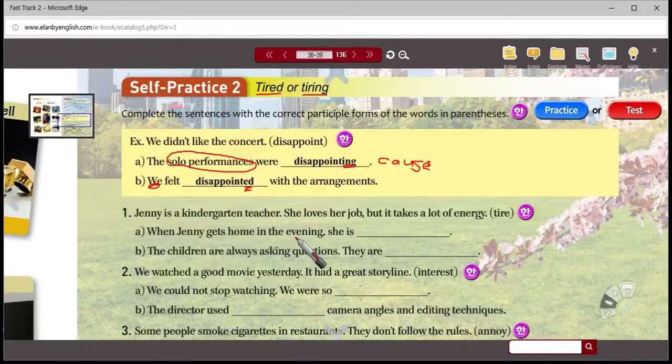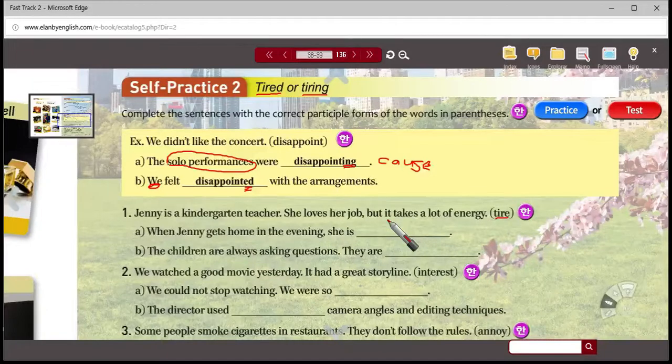So looking down at number 1, what's the situation? Jenny is a kindergarten teacher. She loves her job, but it takes a lot of energy. Okay, then we're given a root word here, tire. Okay, so kindergarten teacher. So she uses a lot of energy. Okay, so the job takes a lot of energy.